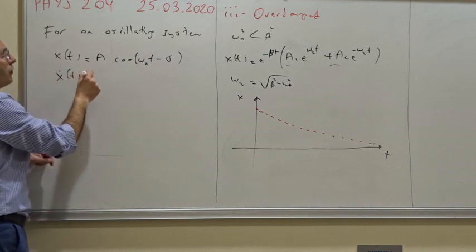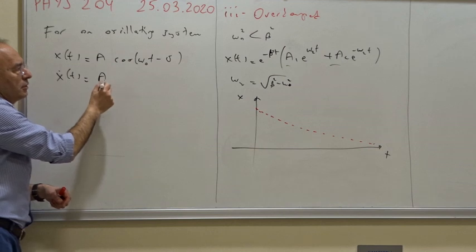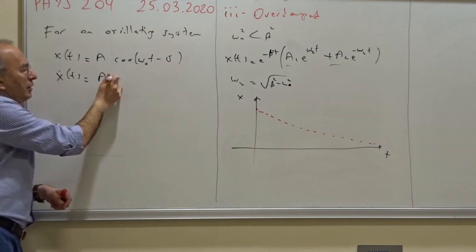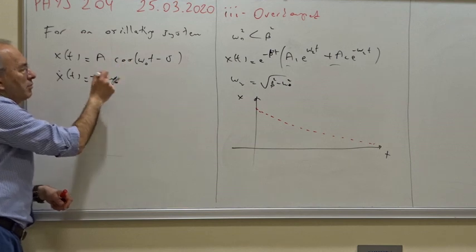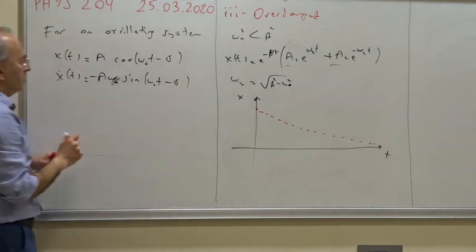Then x dot of t, which is the velocity, is A times omega 0 coming from the inside, but cosine becomes minus sine, like this.